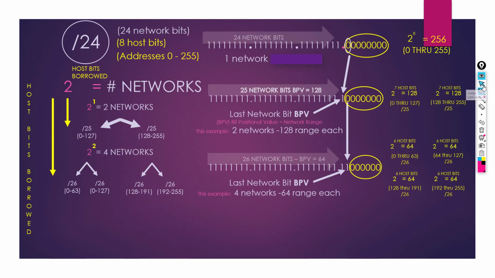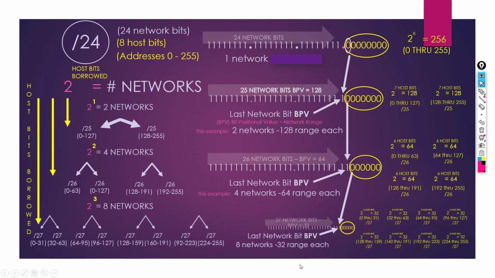And if we continue on down, you'll notice we continue to create networks of exactly the same sizes. If we borrow 3 bits and turn those 3 host bits into now network bits, we would create 8 networks. And there's the 8 networks across, again starting at 0 and running their way through to 255, the same exact range.